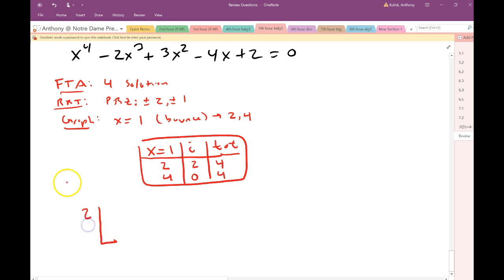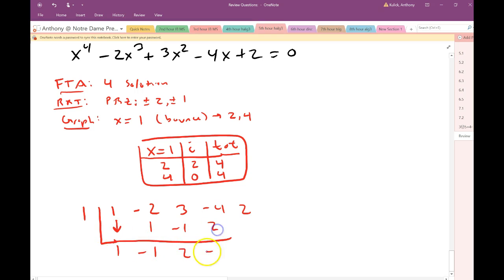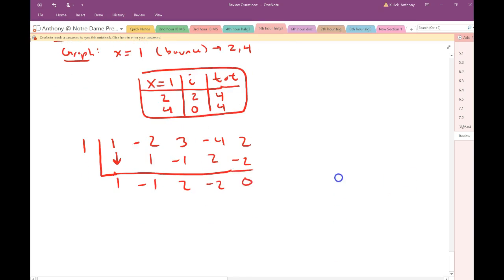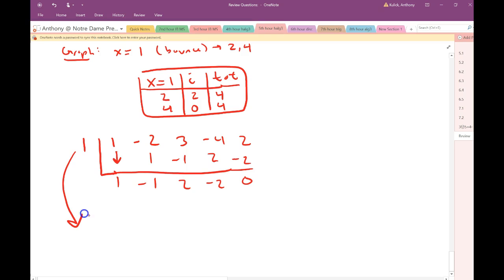So x equals 1 is the only one I have to use. So that's good. That tells me that x equals 1 is one of my solutions.